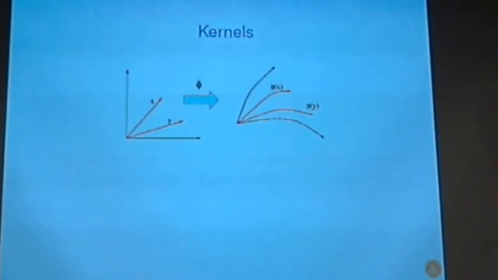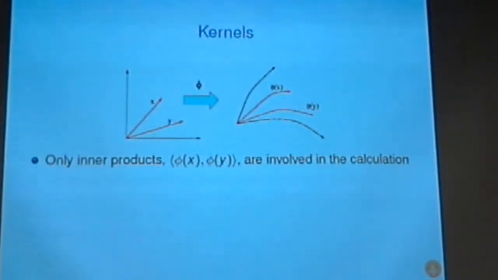So in general, it's like this. Do this transformation. This is in between straight lines and curves. And again, remember we mentioned earlier that the support vector machine's optimization problem depends on the feature vectors only through the inner product.